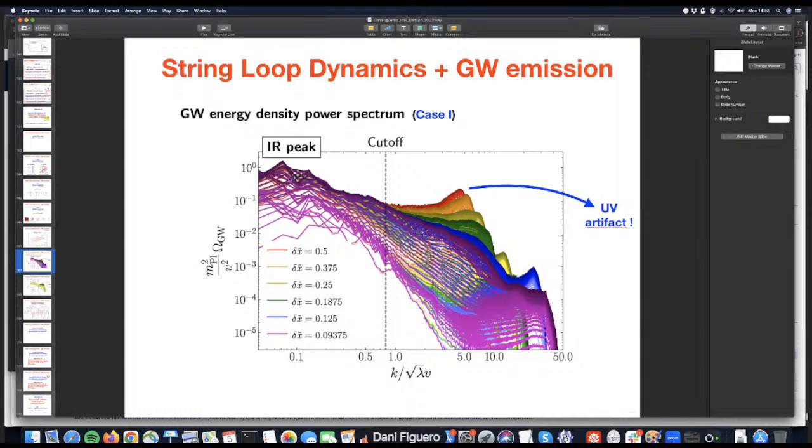This is the spectrum in the infrared, and in these units I'm at order 1, and here at the scales of momentum inside the core, I'm 3 orders of magnitude suppressed already. I understood that you don't see any gravitational waves from the cusp. That might not be dominant. So I cannot rule out the possibility that you could have, but I can tell you that in this study where we changed the lattice spacing 6 times, the dynamics of the string was always the same, but the gravitational waves were affected in this way.